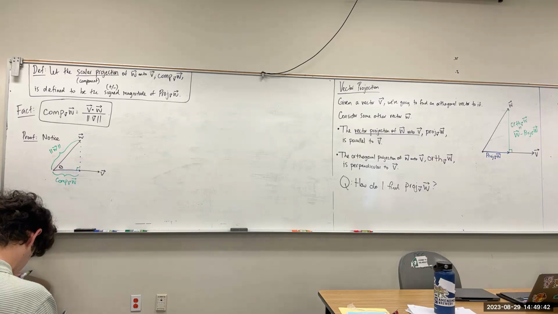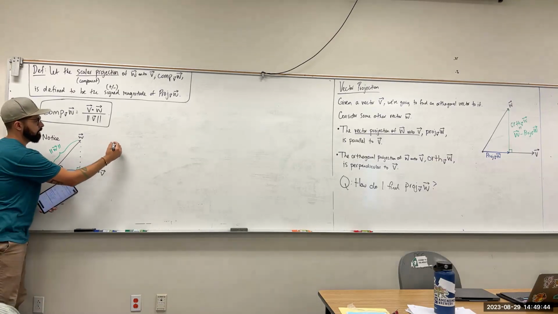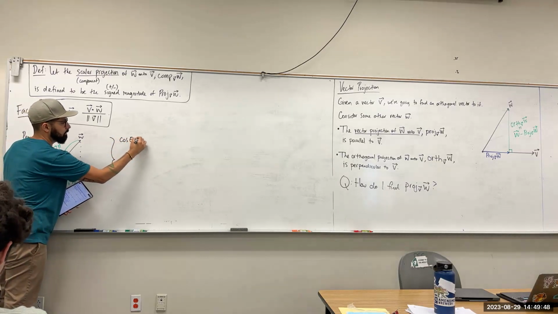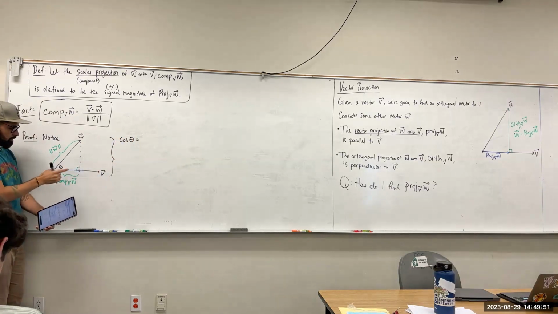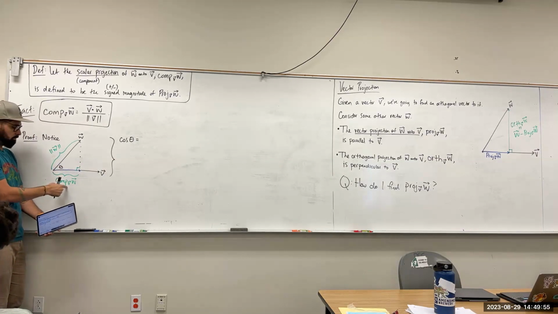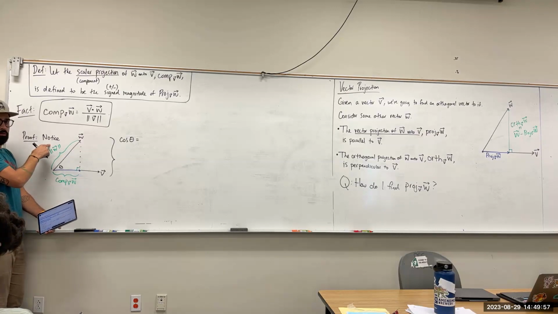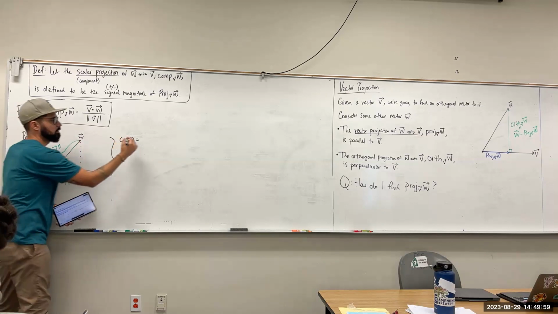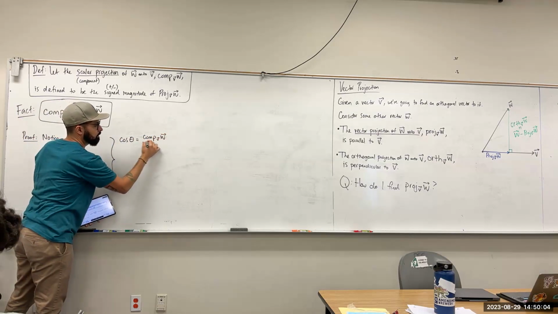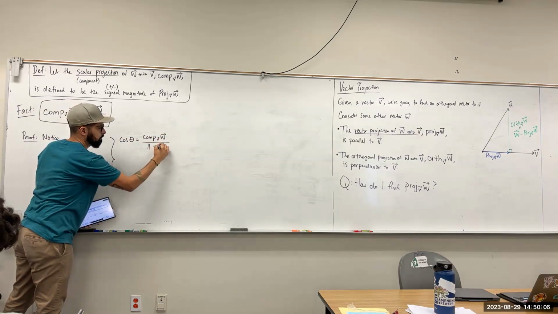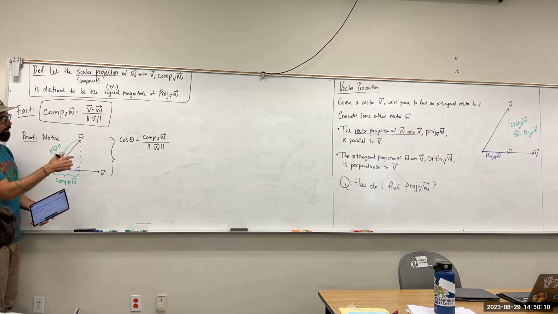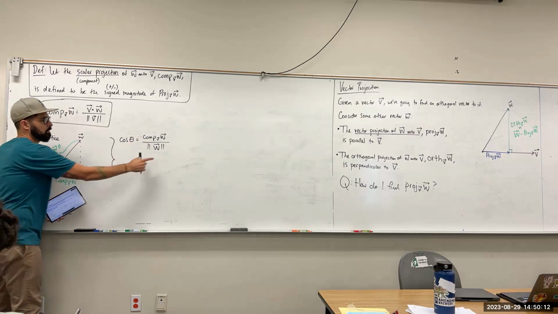But what I want you to see is if we use some trig here, the cosine of this angle is the scalar projection, which is supposed to represent some numerical value, over the hypotenuse, which is the magnitude of W. So with trig, we have this little ratio here. Then isolate for the projection.